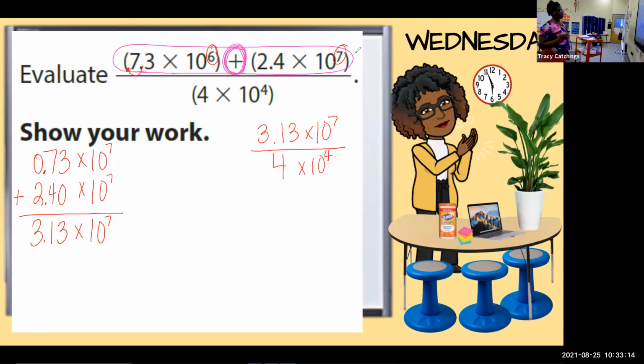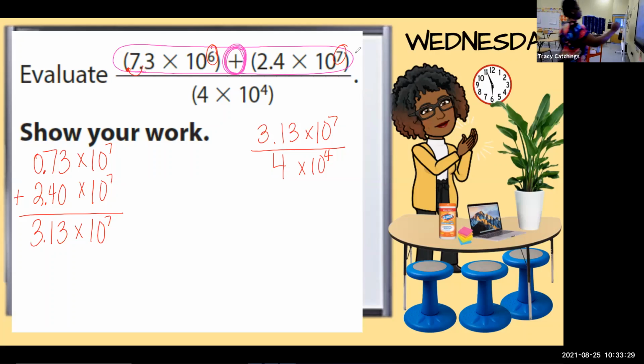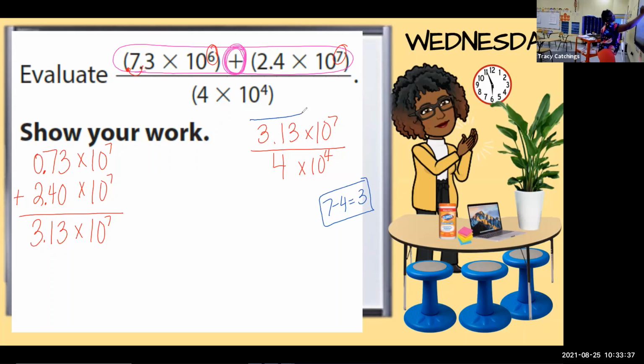Now, for division, what did the first step of division tell us to do? Subtract exponents. I think that's the second step, but we'll go ahead and do it. What's 7 minus 4? 3. The first step told us to divide just the decimal value.